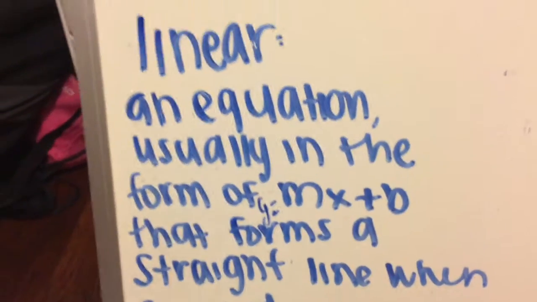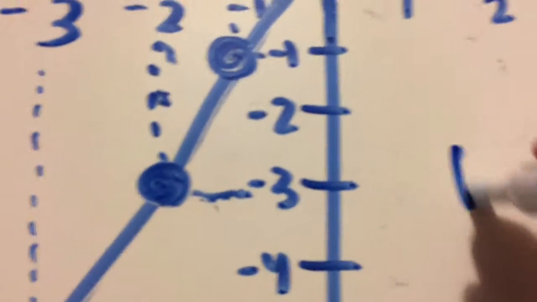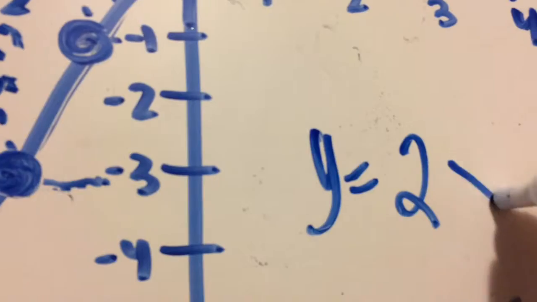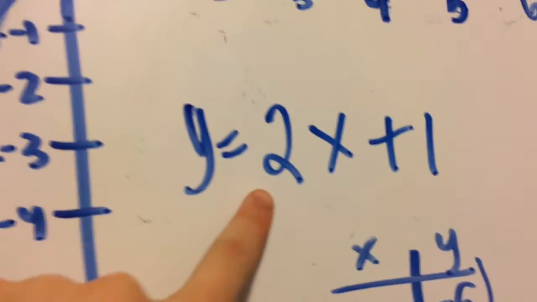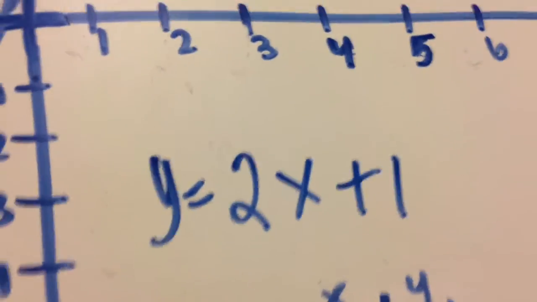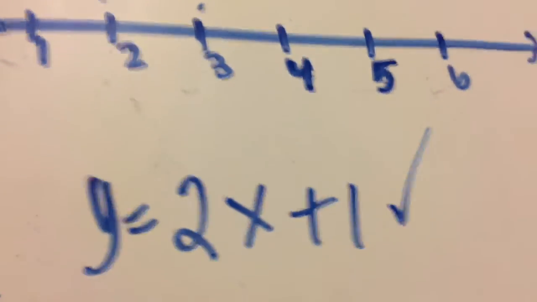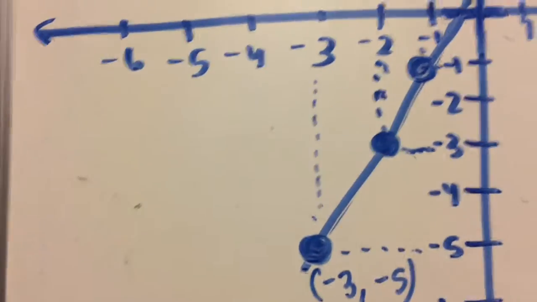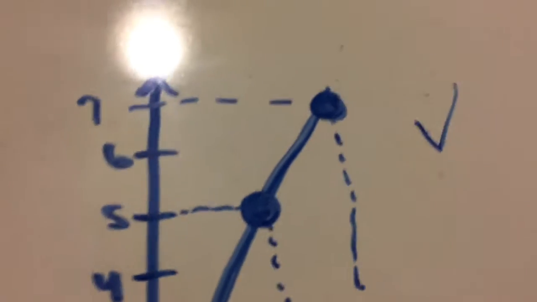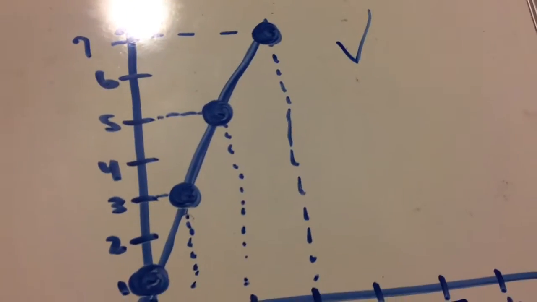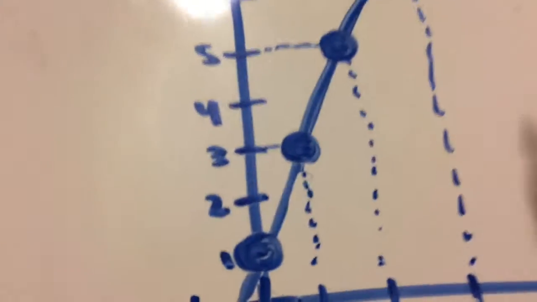So our equation was y equals 2x plus 1. So that would be mx plus b, 2 would be m, 1 would be b. So that's check. And this forms a straight line when it is graphed. So that would be check. So according to my calculations, this is a linear equation.